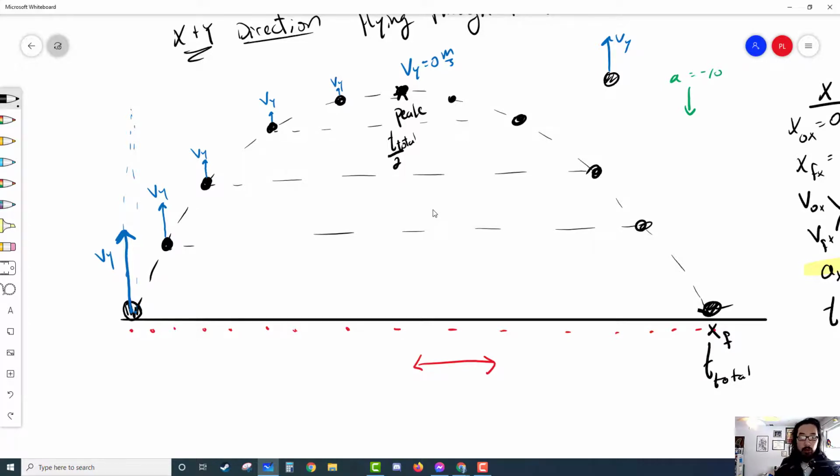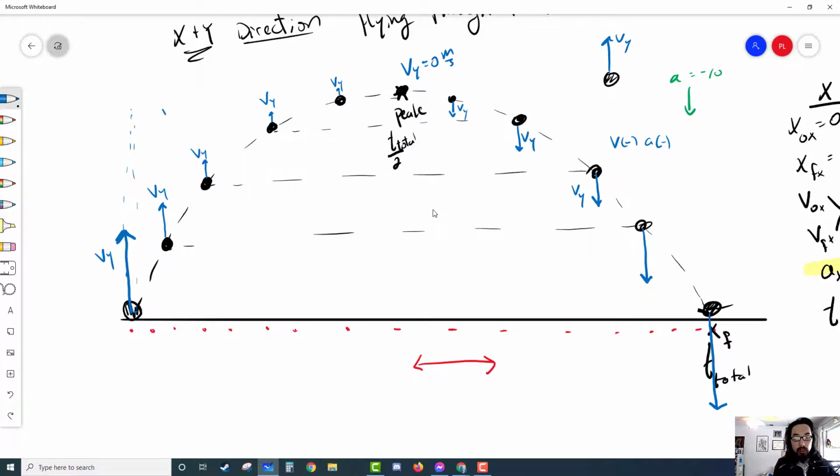And then we have the final one: the velocity will start moving downwards. Not only that, but it'll start to increase downwards, because our velocity is down. We have a negative velocity here, and our acceleration is also negative, and so our velocity is increasing in the same direction that it is moving.